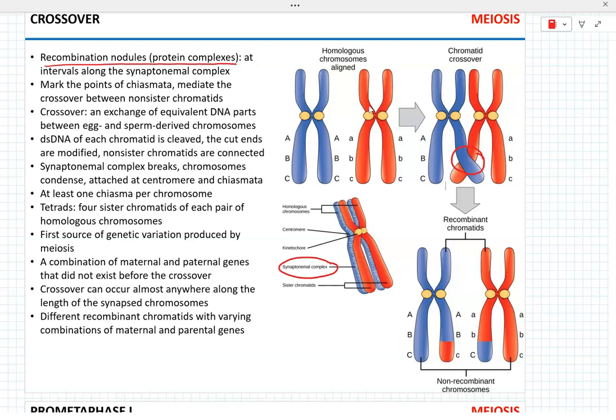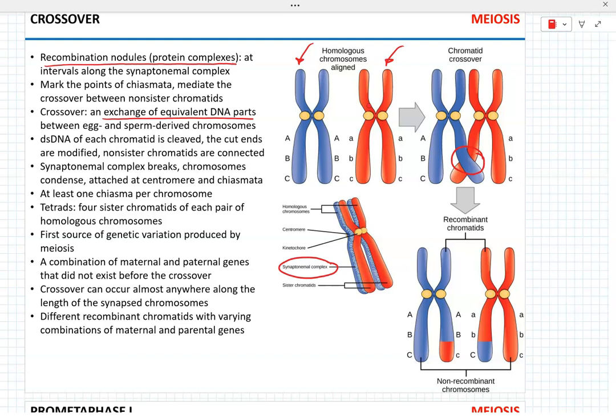Essentially, what happens during crossover is the exchange of equivalent DNA parts that contain the same alleles between the chromosomes derived from an egg or from a sperm.